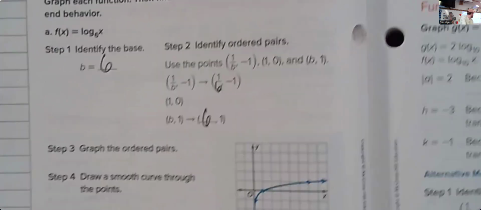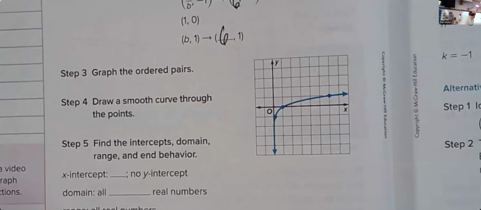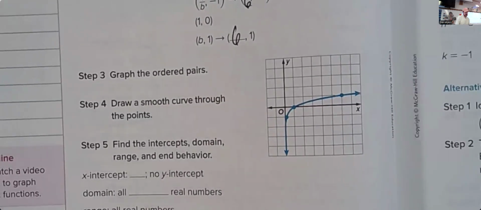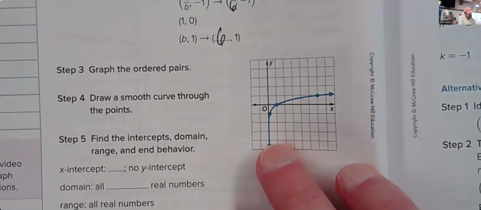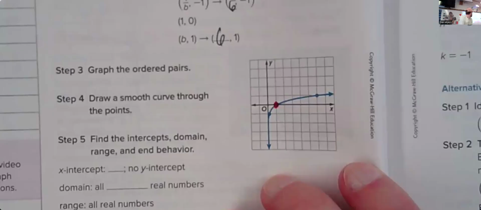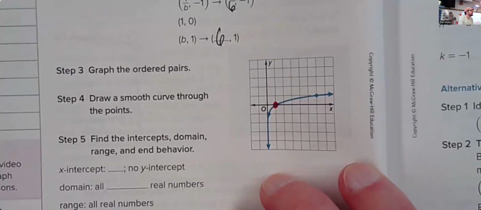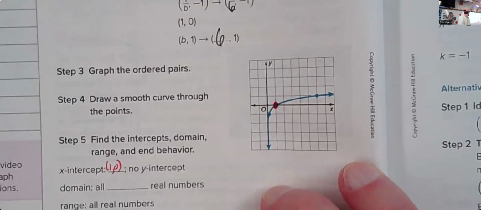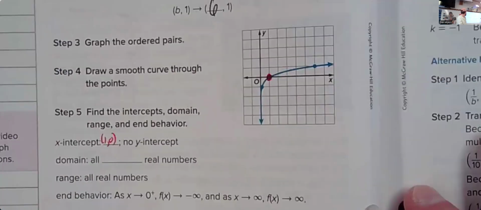What is our x-intercept, though? Where does this graph cross the x-axis? Where's that red point? 1, 0. Yeah. So the x-intercept is 1, 0. There is no y-intercept. All right.